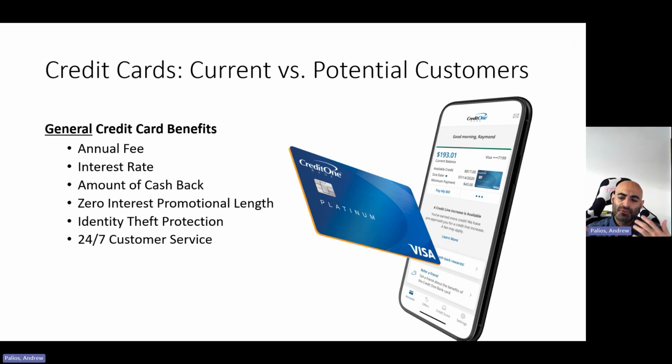So there are different factors that affect the purchasing decisions of consumers for these different products. Okay, so when you look at a credit card, it's a very basic thing, but credit card companies now have to differentiate themselves from one another to appeal to different cultural classes, different income classes, different generations.